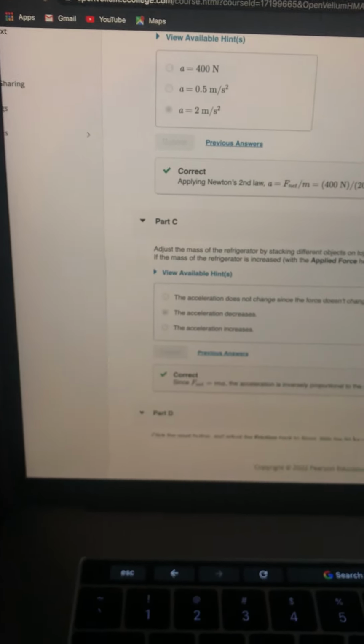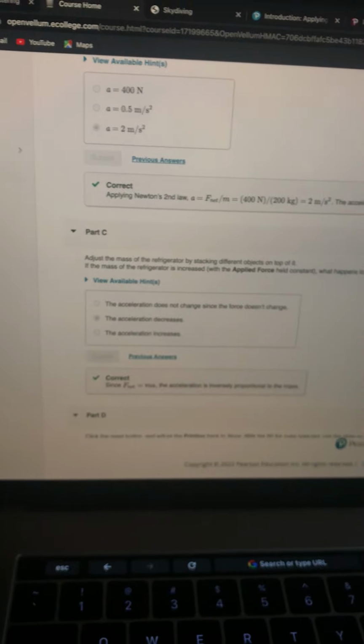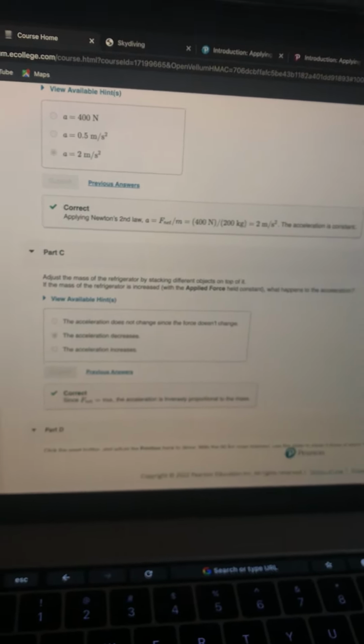Part C. Let's see what we have. He says, adjust the mass of the refrigerator by stacking different objects on top of it.